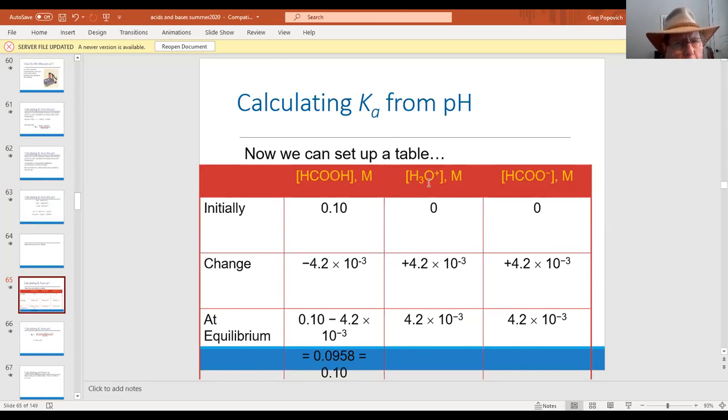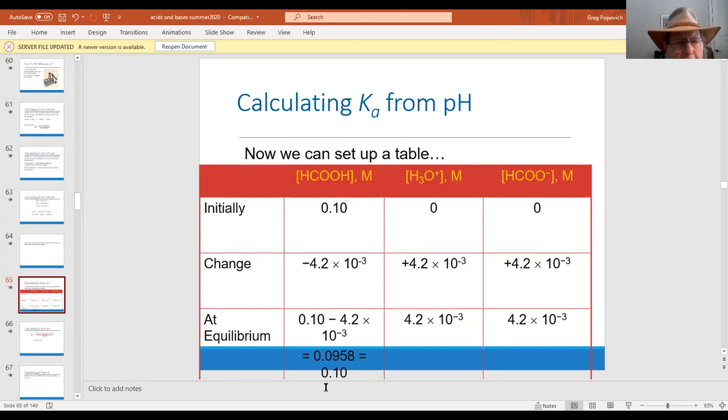Stoichiometry between H3O plus and formic acid is 1 to 1. So if I gained that much hydronium ion, I lost that much formic acid. So I'm going to take my 0.10 minus 4.2 times 10 to the minus 3.